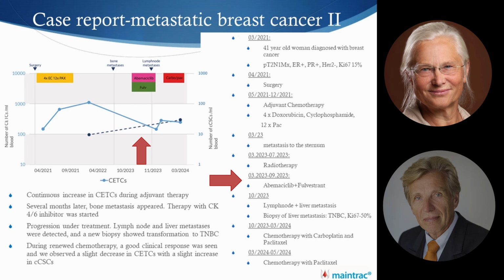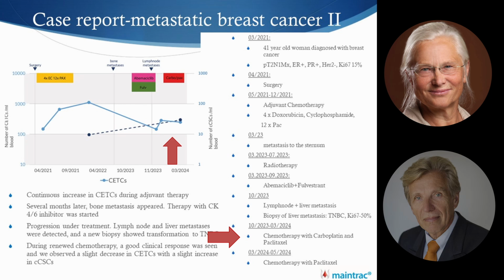She then received therapy with abemaciclib and fulvestrant, and cell numbers decreased. The lymph node metastases were seen after this increase in cell numbers after the end of abemaciclib and fulvestrant. And she then received carboplatin and paclitaxel, whereupon cell numbers decreased.